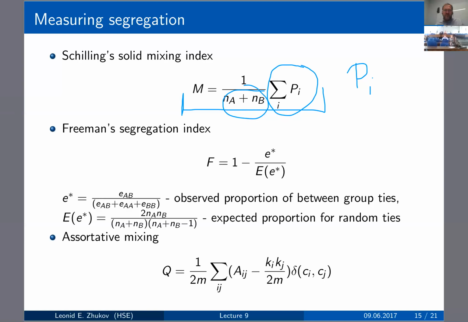There's also what's called the Freeman segregation index that just calculates the fraction of the edges that go between similar agents and dissimilar agents. And edges or ties means they're neighbors to each other. And then there is assortative mixing.